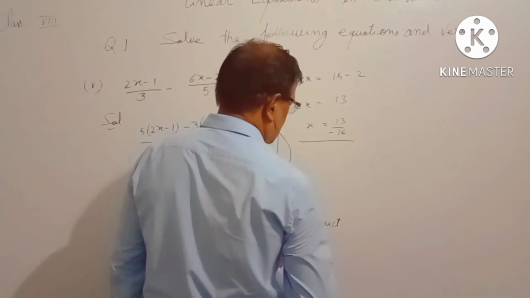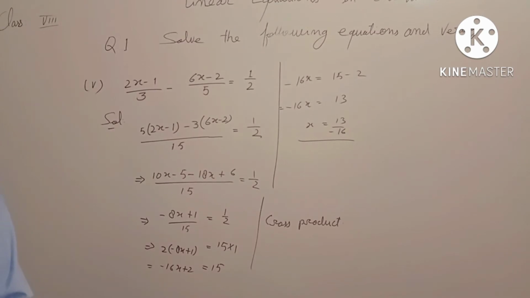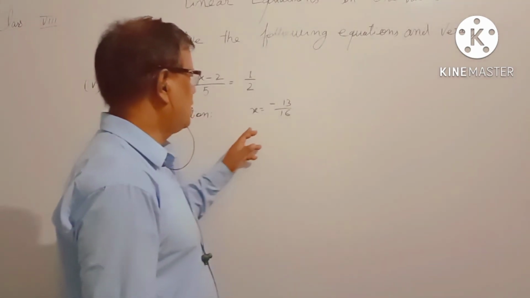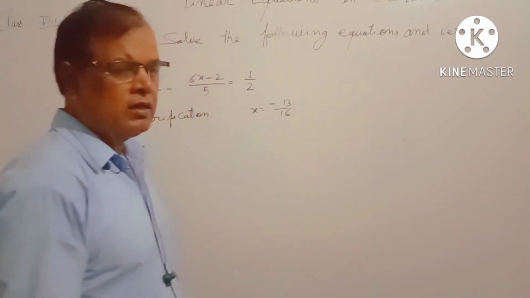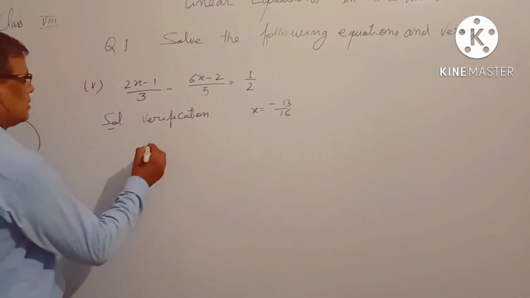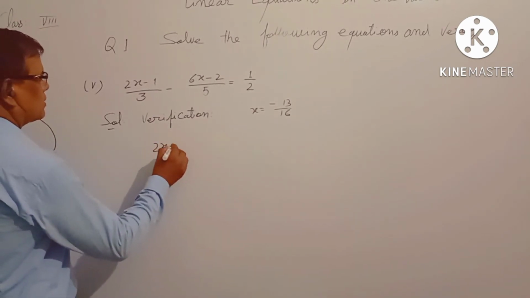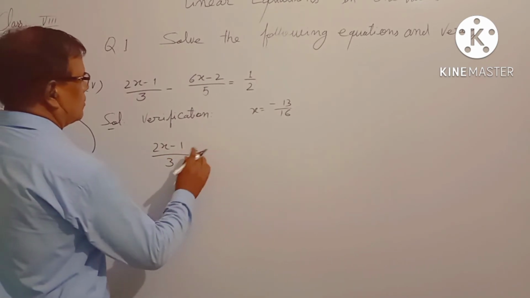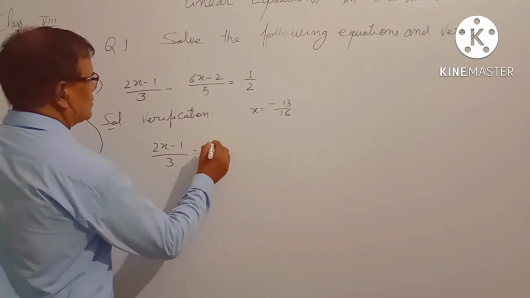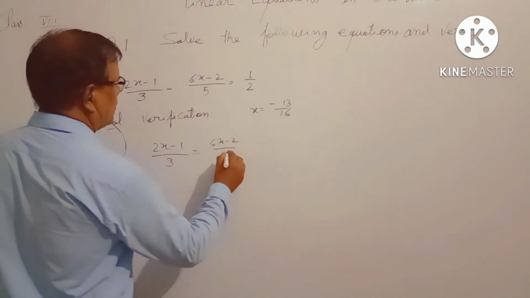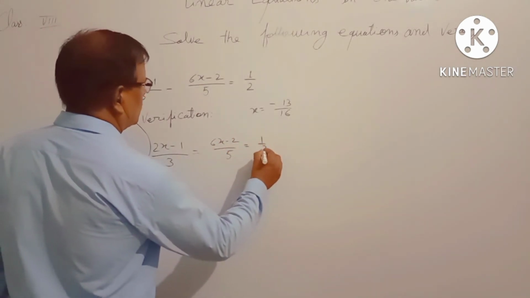Now we are going to the next step. Now we are going to verify it, as we have found x equal to minus 13 by 16. Now we put the value in the equation as 2x minus 1 by 3 minus 6x minus 2 by 5 equal to 1 by 2.